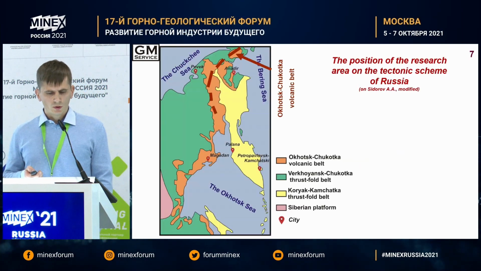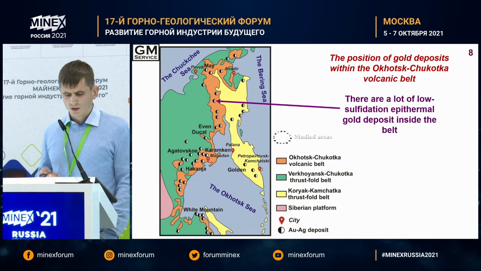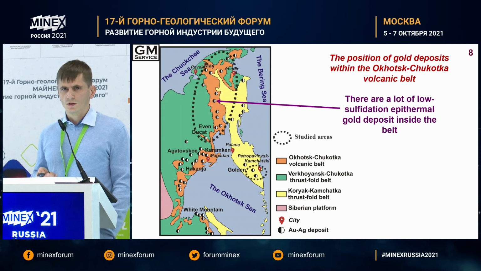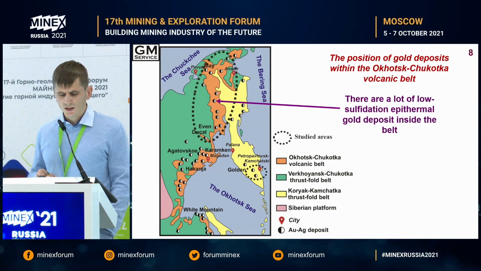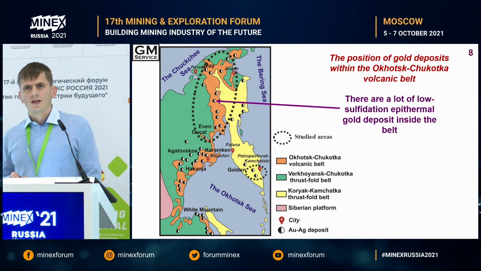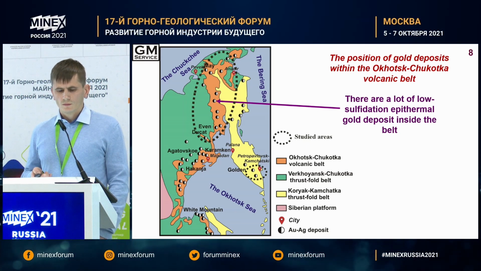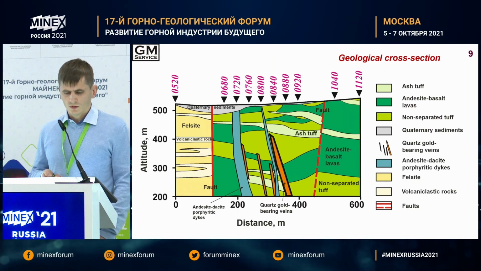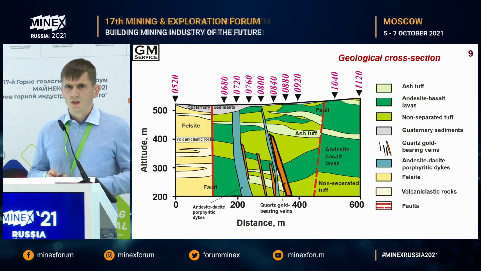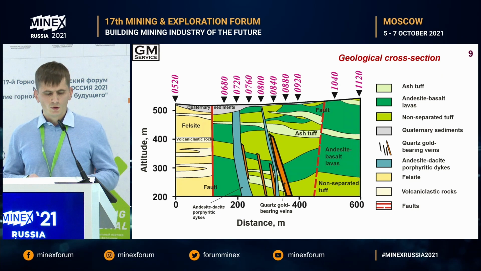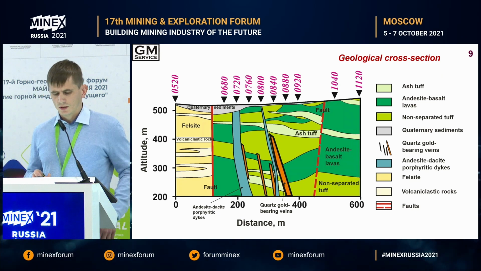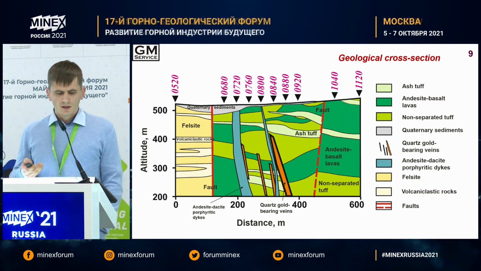So we have made some studies in Kamchatka and the Okhotsk Sea region, and over these years we have accumulated a vast sea of information. This slide gives you an idea about the geological structure of the most studied vein zone.